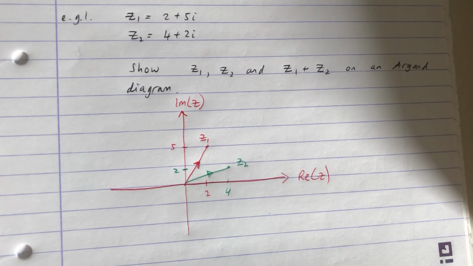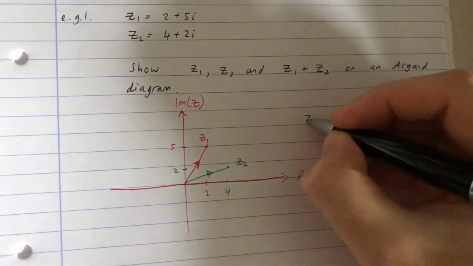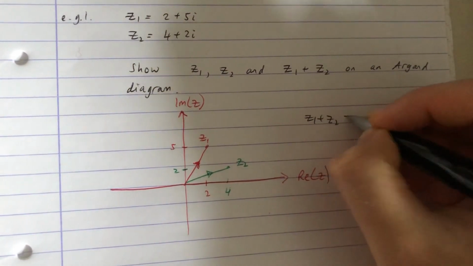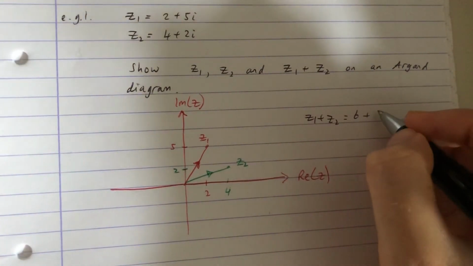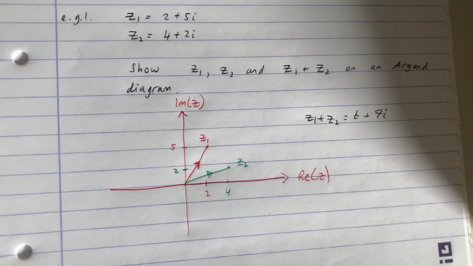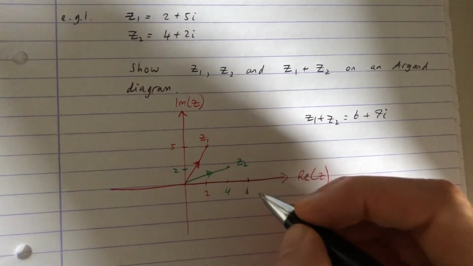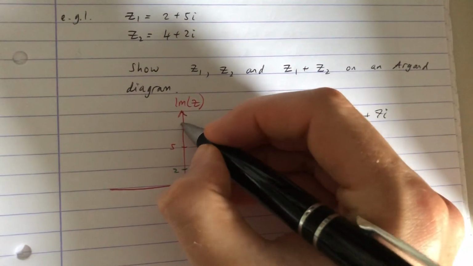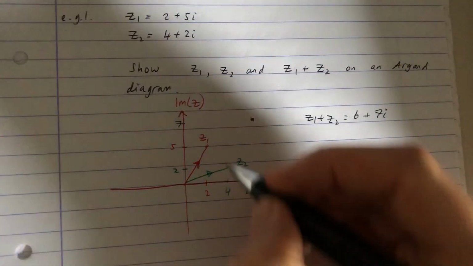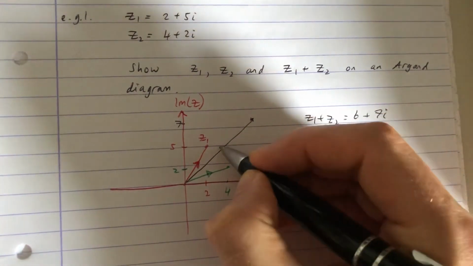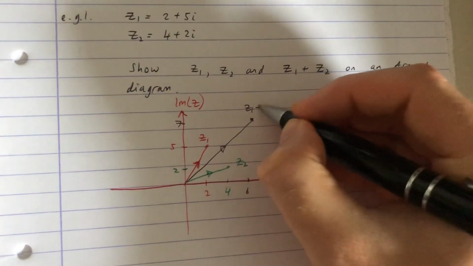And then the last thing we have to do is work out Z1 plus Z2. There are two ways to do this. The first way is to use chapter 1 stuff to add both vectors. So you'd get 6 plus 7i, and then just say that that is 6, say that that is 7, and then that there would be Z1 plus Z2.